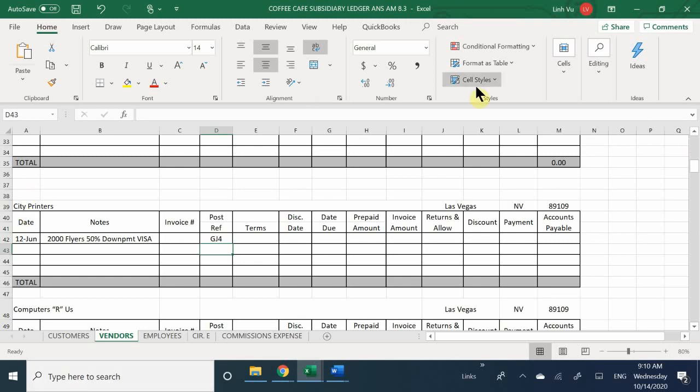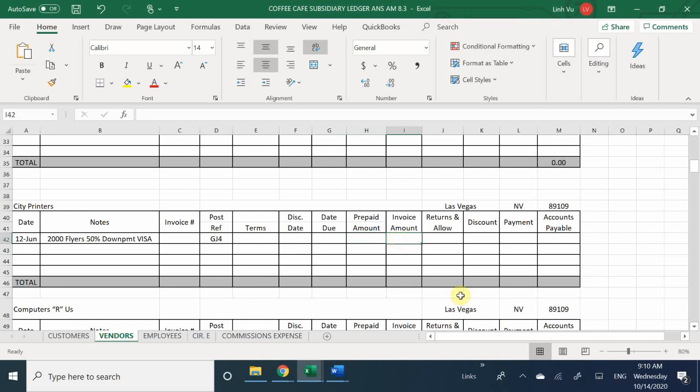Okay. So my due date, obviously, is going to be whenever they call us and say your flyers are ready, right? Prepaid amounts. Okay, so we understood that when we're making a prepaid amount, we don't apply it here just yet. We wait till we receive the bill and then we apply it.